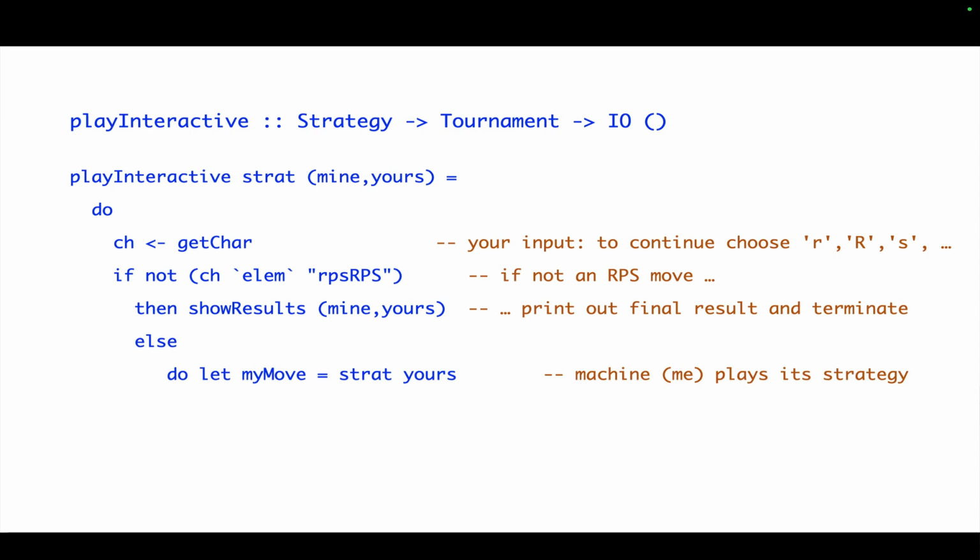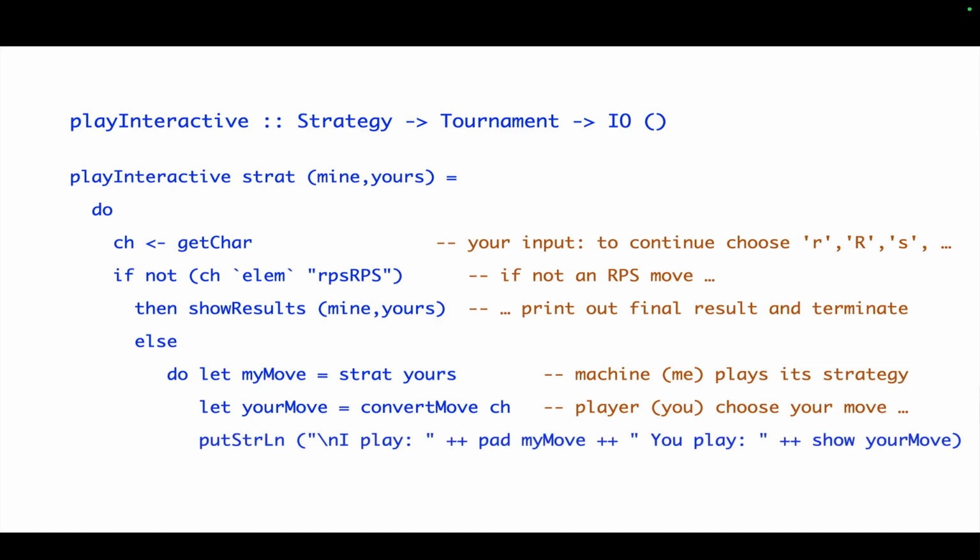Then the move by the machine is got by applying the strategy to all the moves that the external player, you, have made so far. The move by the external player is got by converting that ch into a proper move value. And then we echo that the machine has played my move and you have played your move.